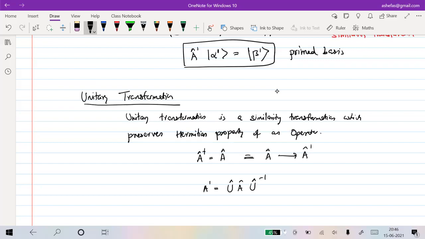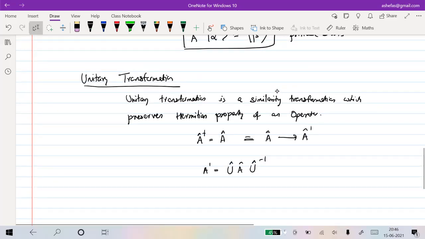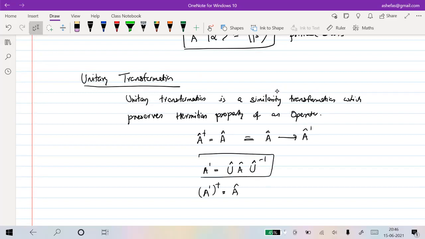Now if this transformation preserves the Hermitian character of the operator, then A prime dagger must be equal to A prime. So this transformation is called unitary transformation.